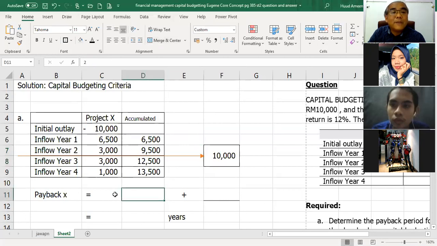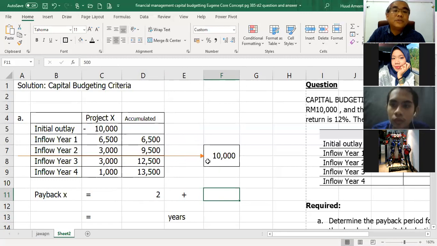For the payback period for A, the payback period is within year 2 and year 3. So you start in year 2, plus how much you need to go from 9,500 up to 10,000.